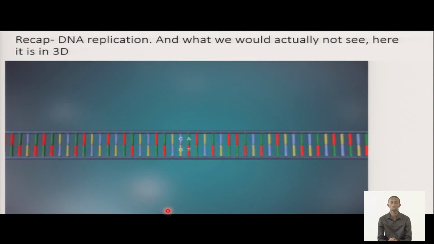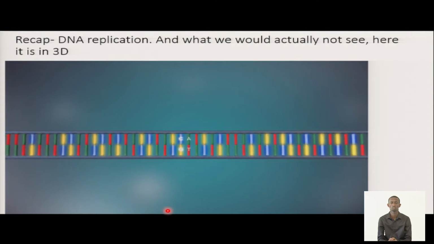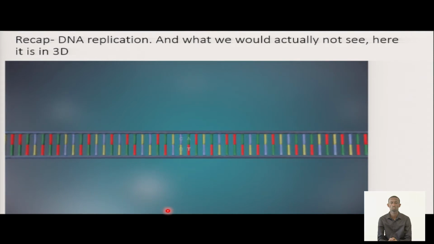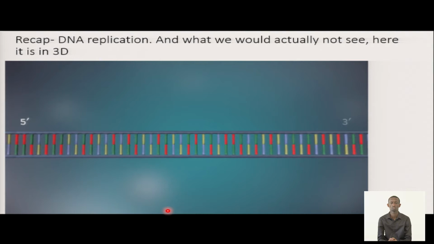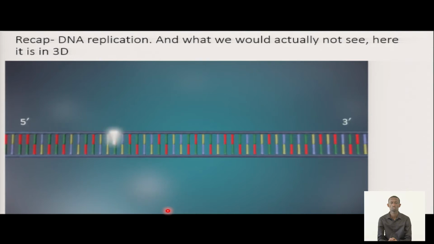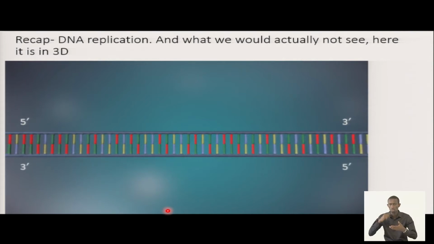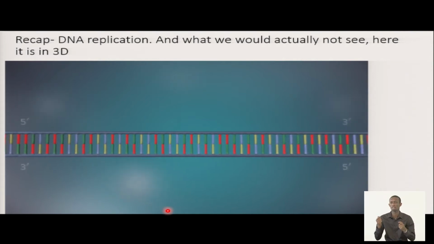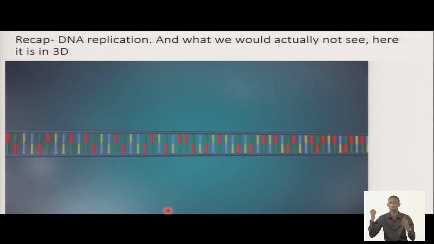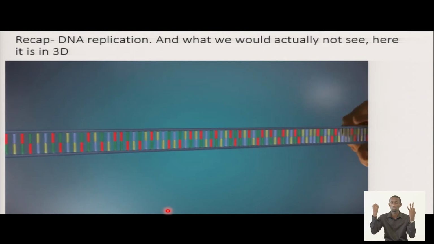And wherever there's a C, there will be a G in the other strand. Each strand has a 5' end and a 3' end. You should be able to check the lines. You have the 5, you have the 3, and then you have the 5 at the other end and the 3.